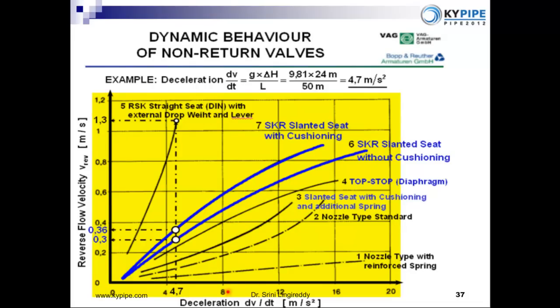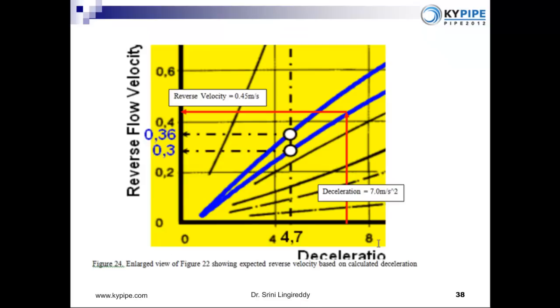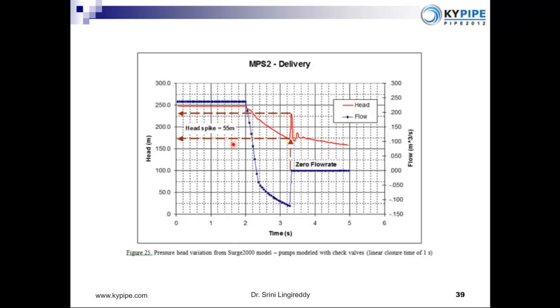And from this graph, for 7 meters per second squared deceleration, the reverse velocity is about 0.45 meter per second for this particular type of check valve. Using Joukowsky's equation, with this 0.45 value, it gives me a potential slam pressure of 48 meters for this particular system.